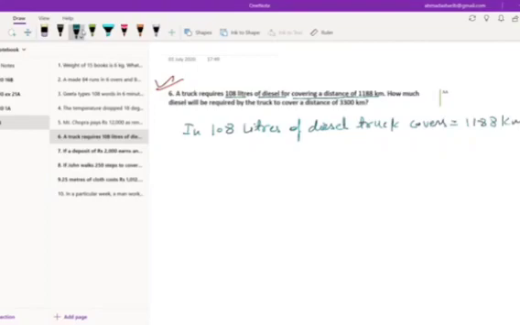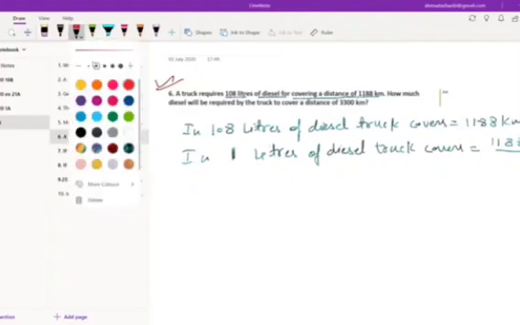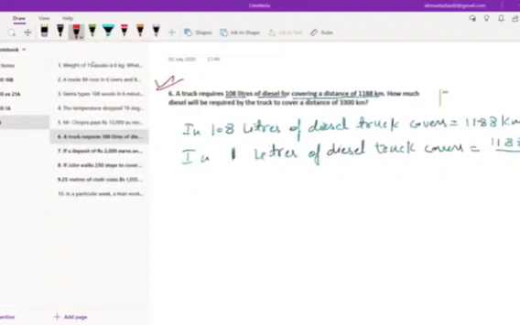Okay, so in one liter of diesel, the truck covers, you have to divide 1188 by 108. So 108 here.